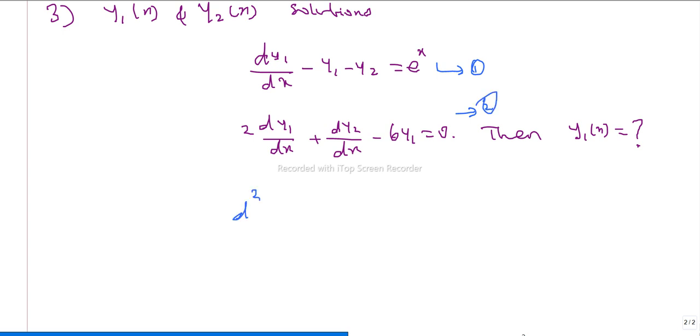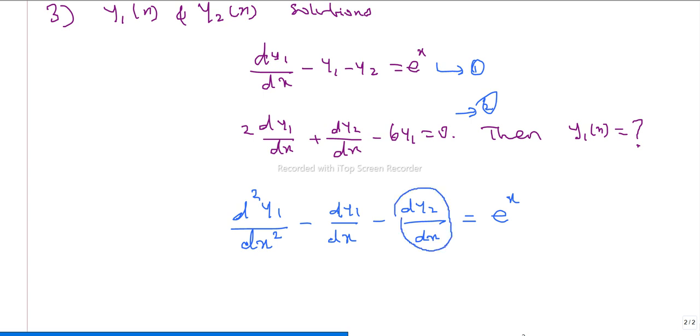Therefore we get d square y1 by dx square minus the derivative of y1, which is dy1 by dx, minus dy2 by dx, and then the derivative of e power x is e power x. Now we can replace this term by this term, so you keep this on one side, take everything to that side, and replace dy2 by dx.